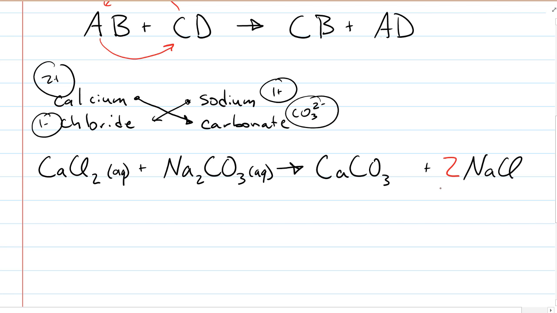And we put a 2 here in front of the NaCl to balance the sodiums and to balance the chlorines. Are the calciums balanced? Yes. Are the carbons balanced? Yes. And are the oxygens balanced? Yes, they are. We do have a balanced chemical equation, but we're still missing phase labels.